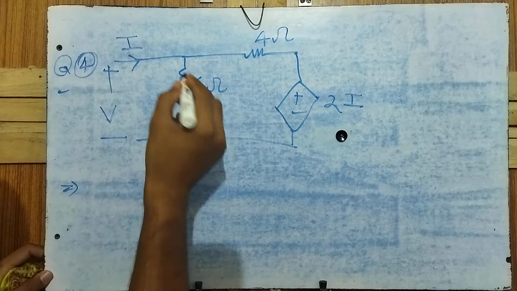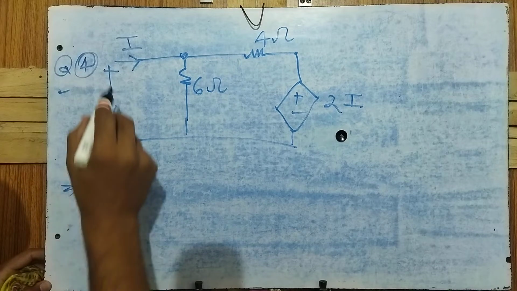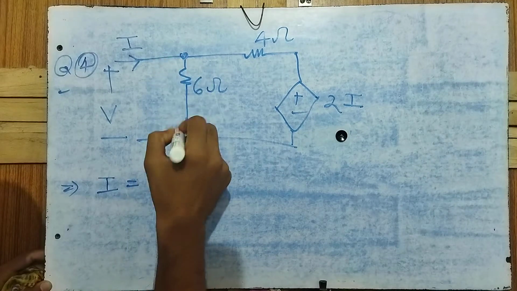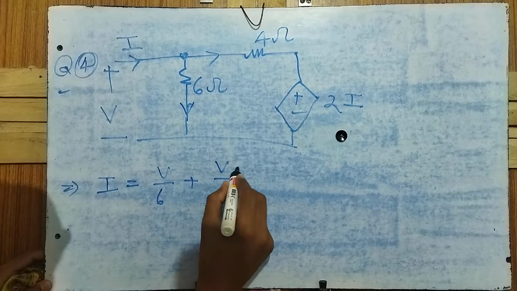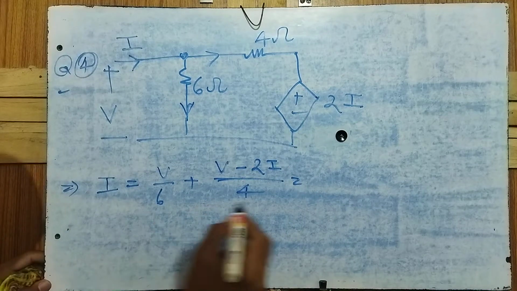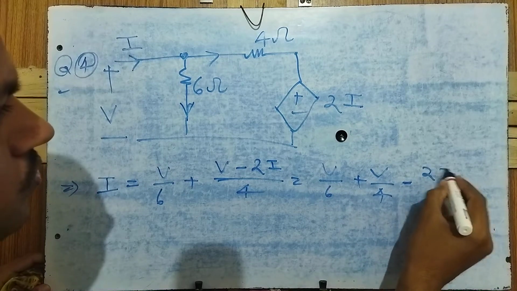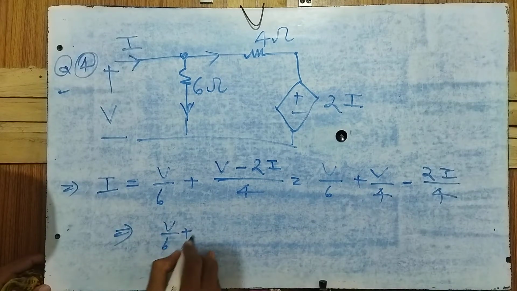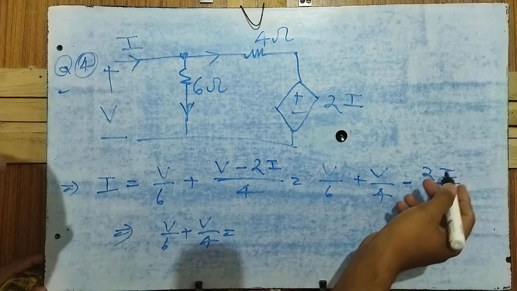Simple, you apply KCL at this node, incoming currents will be equal to outgoing currents. So this is V. Incoming current I is equal to V by 6, if I am considering outgoing currents, plus (V minus 2I) divided by 4. Directly we can say V by 4 minus 2I by 4. So V by 6 plus V by 4 is equal to I plus 2I by 4.